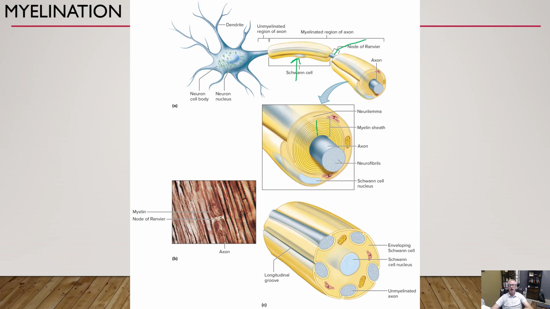They can be a couple layers thick, or this one is actually many layers thick. 1, 2, 3, 4, 5, 6, 7, 8, 9, maybe 10 layers thick. I'm not sure. So this one is actually a pretty thick axon or a pretty thick myelin sheath. And it just wraps around the axon.